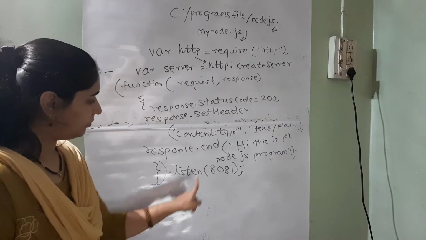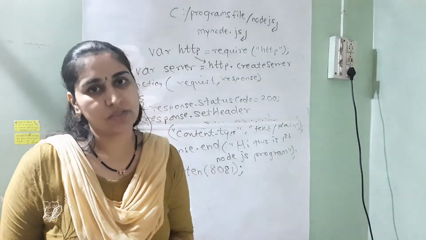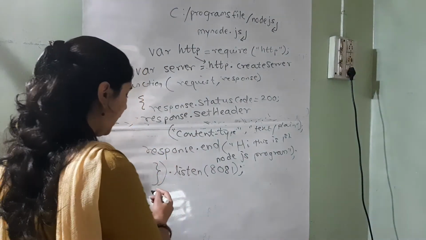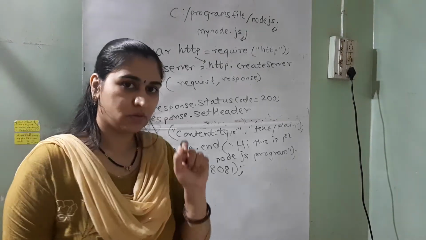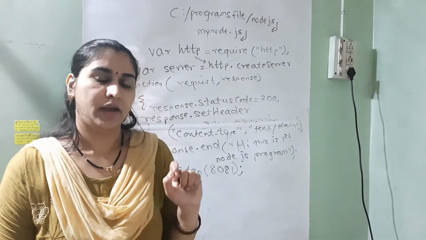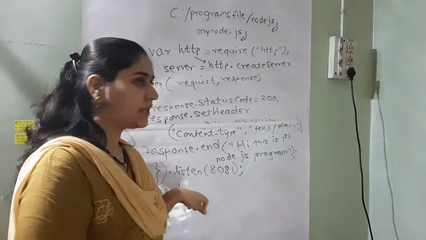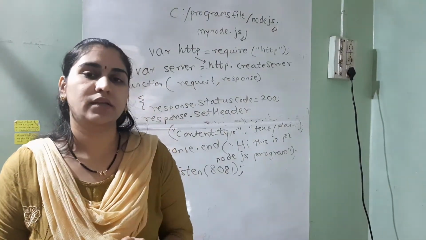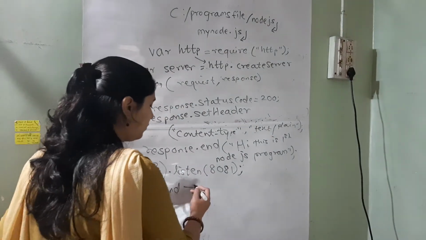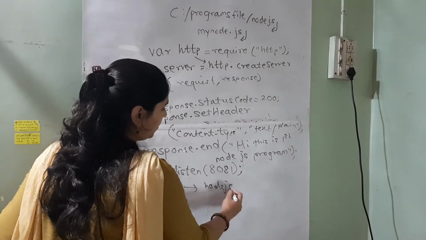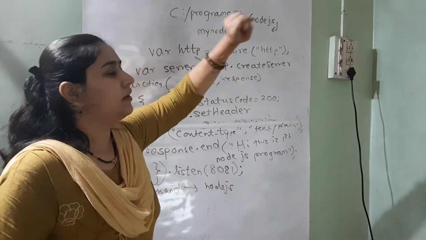Then I type the program in my node.js file, and simply I have to execute it. Where to execute it? I have to open the command prompt. You know where it will be? You have to click on the Start button, Windows, and then go to the Run command. On the command prompt, you go into my Node.js folder, which is in the C drive, Program Files, and then Node.js.